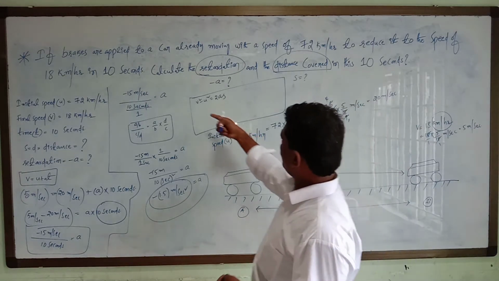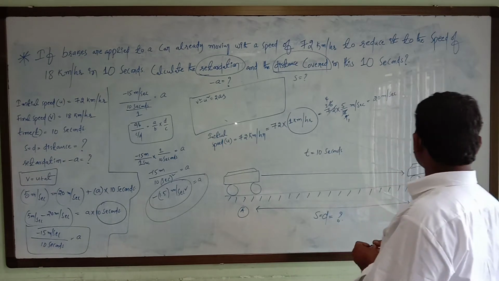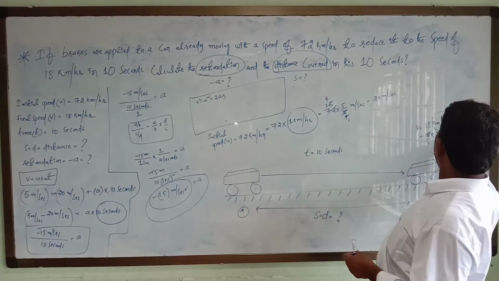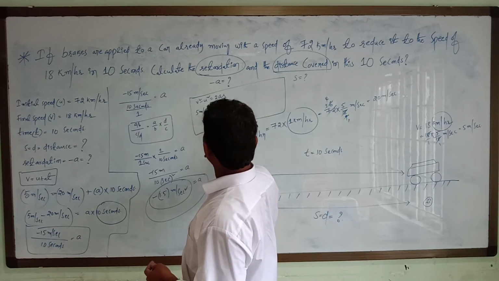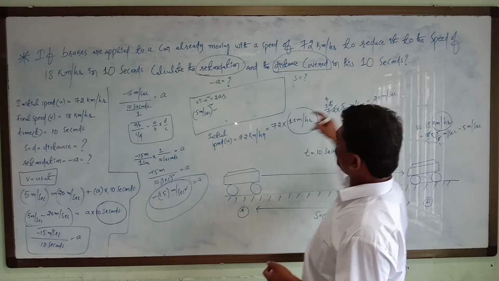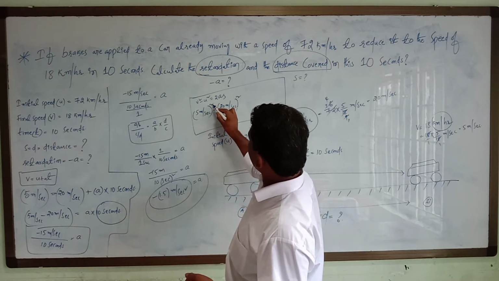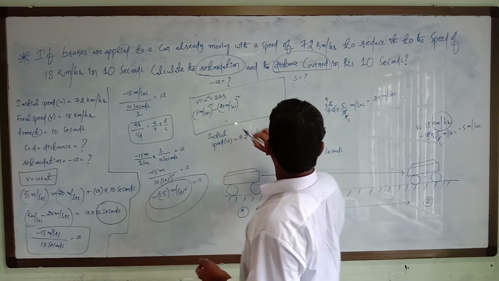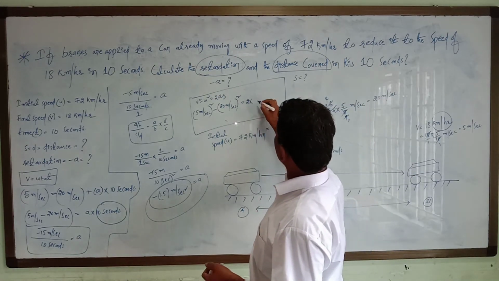So let us substitute. Final velocity, that is 5 meter per second, whole square, minus initial velocity, 20 meter per second, whole square, is equal to 2 into acceleration.